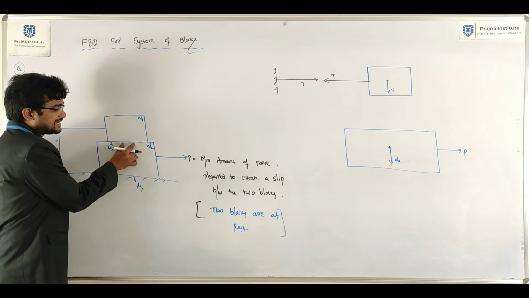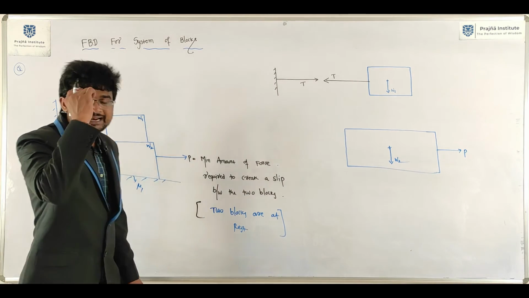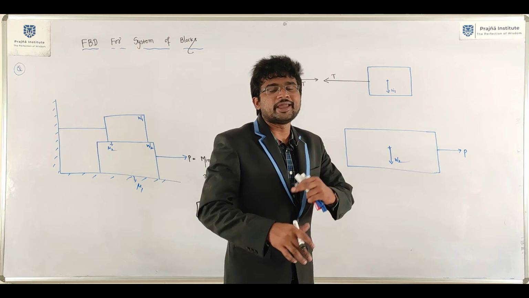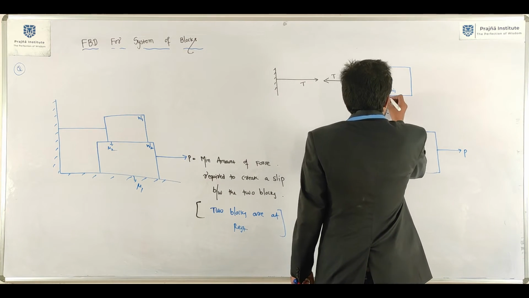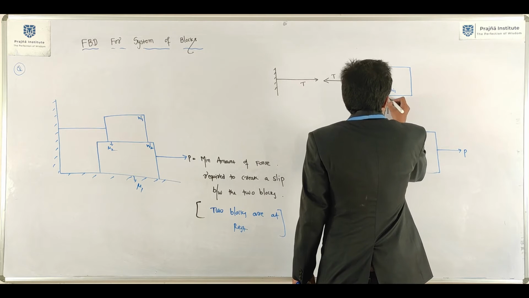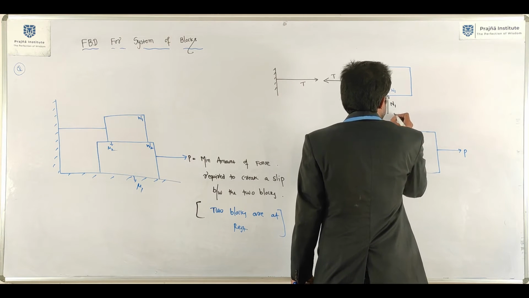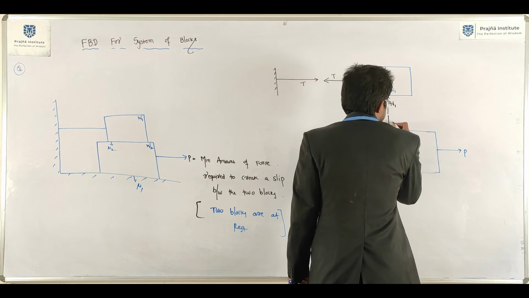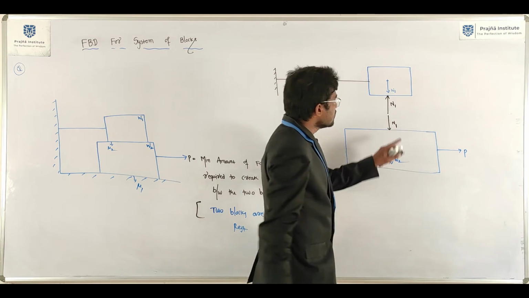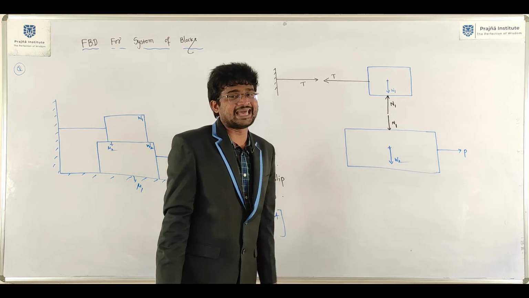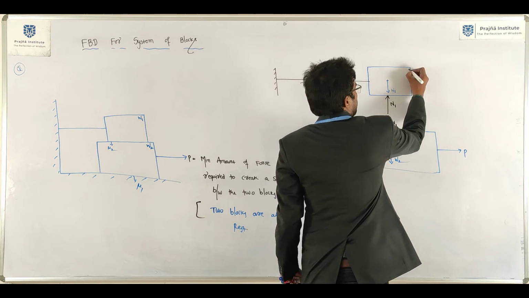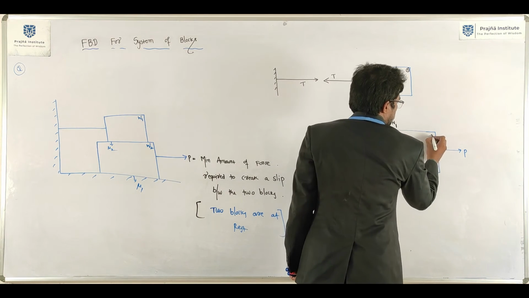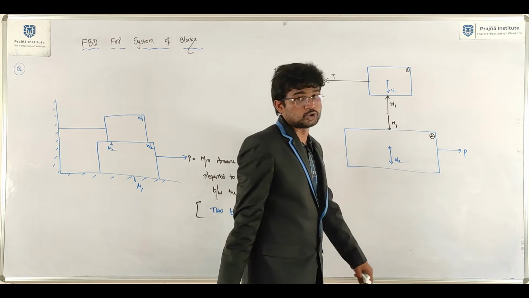At every contact surface, two normal reactions will be acting, both equal in magnitude and unlike in nature. Here one normal reaction is acting on block 1 and another normal reaction is acting on block 2.